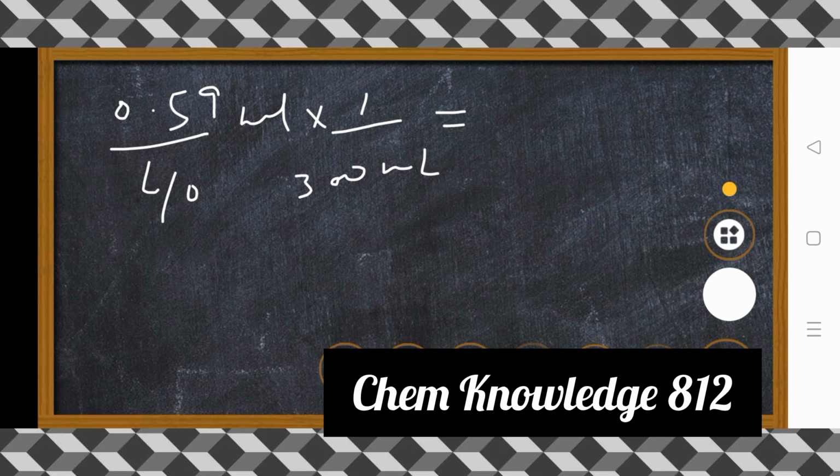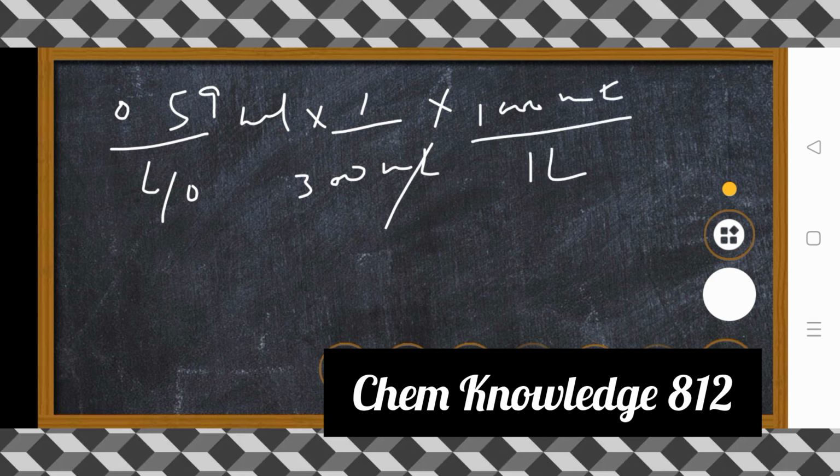We also convert the ml into liter. We multiply with 1000, since 1000 ml is equal to 1 liter.